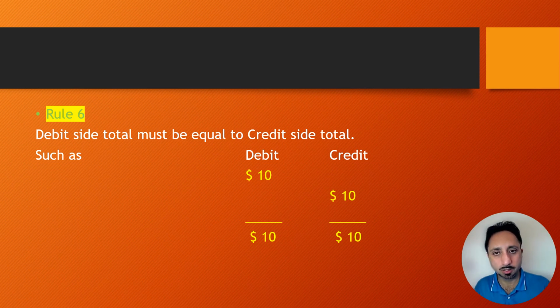Either there is some omission, some aspect of the transaction has been omitted, or some aspect of the transaction has been recorded twice, and that has to be rectified. If the debit side meets the credit side, it means the business transaction has been properly recorded and there are no errors.